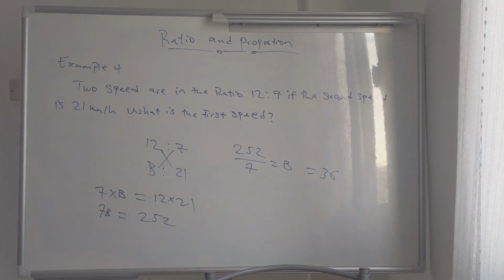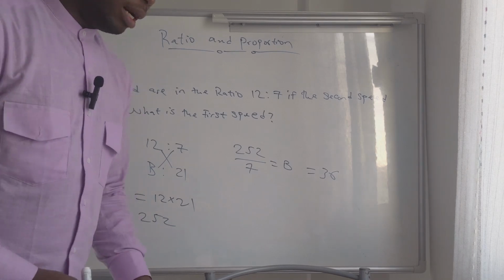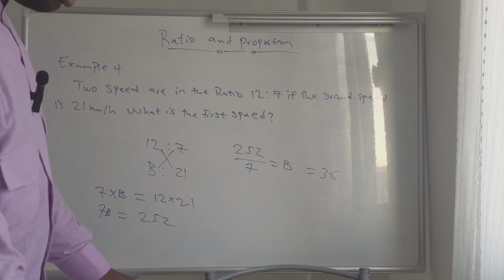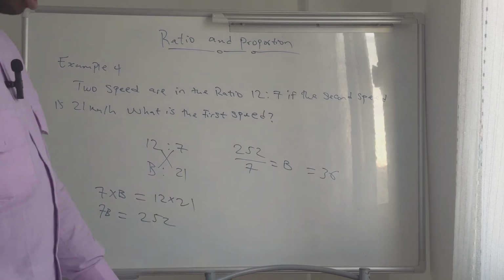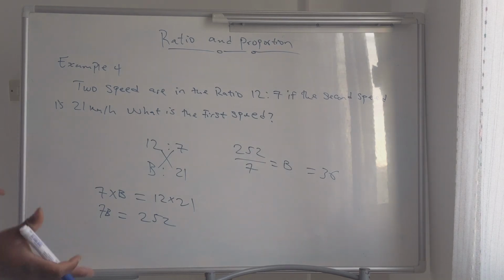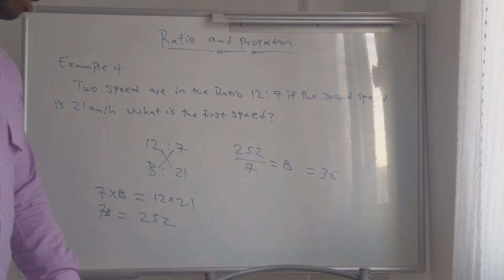So that's all about ratio. We're going to go to proportion. Proportion is similar to ratio because it's also a comparison, but in this case, both of them must sum up to one, must sum up to a whole number. So let's go to proportion now.